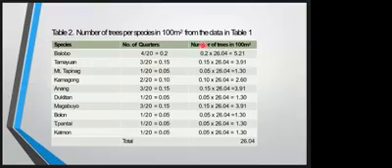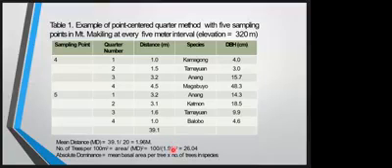So now we know the number of trees in 100 square meters. So this 26.04, if we can recall, 26.04 is the number of trees per 100 square meters. So how did we obtain that again?